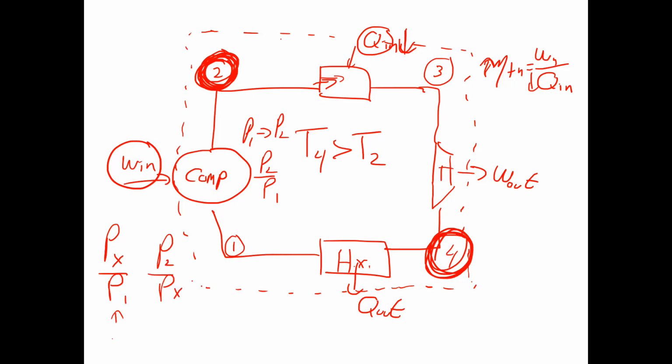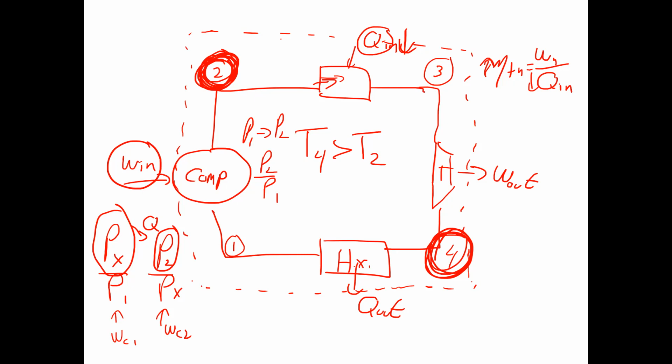where I have two different amounts of work going into the compressor, where when I hit some intermediate pressure, I actually take away heat from the air. So I take away energy from the air in the form of heat in order to decrease the temperature of the air. And then I finish the rest of the compression process, because it takes less work to compress cool air than it does to compress hot air.